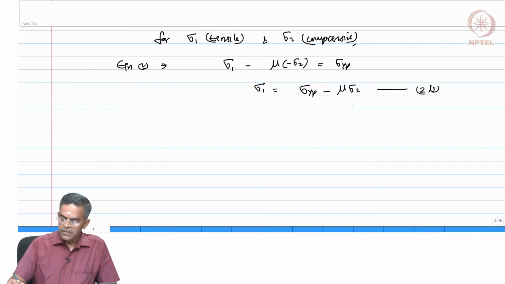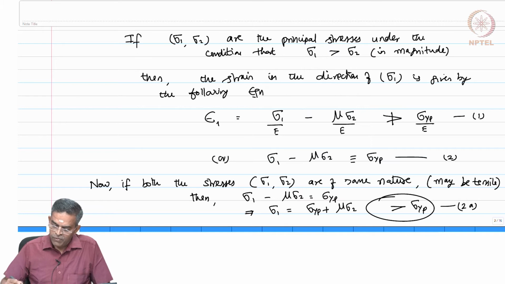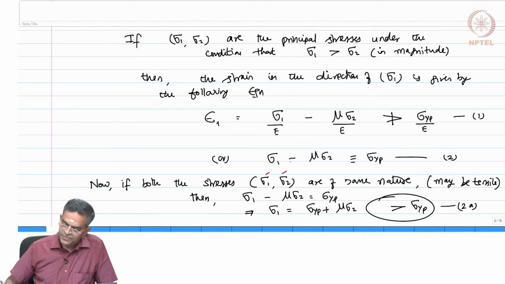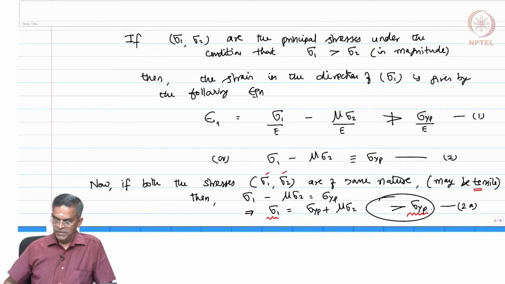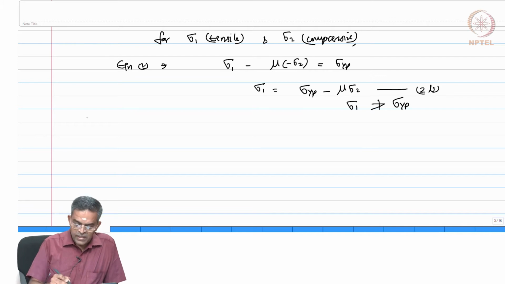So, in this case sigma 1 does not exceed sigma yp, is it not? But whereas in the earlier case, if both stresses are same in nature, let us say both are tensile, there is a probability that one of the principal stresses can even exceed the stress at the yield point. So, this is an alarming condition.